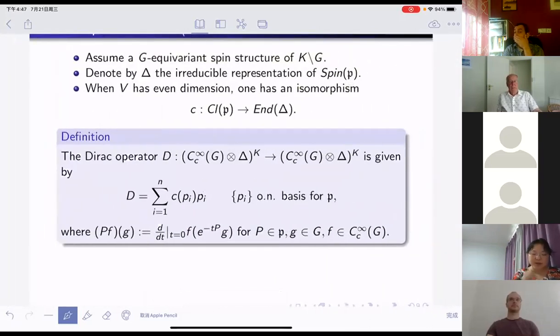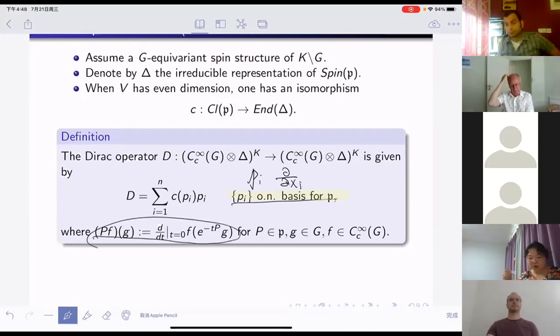And the Dirac operator is given by taking the sum of c(Pi) Pi, where Pi is an orthonormal basis of this P. So this Pi is playing the role of a partial derivative, because Pi lives in the Lie algebra, and one can use the Lie algebra to define partial derivatives on the manifold.